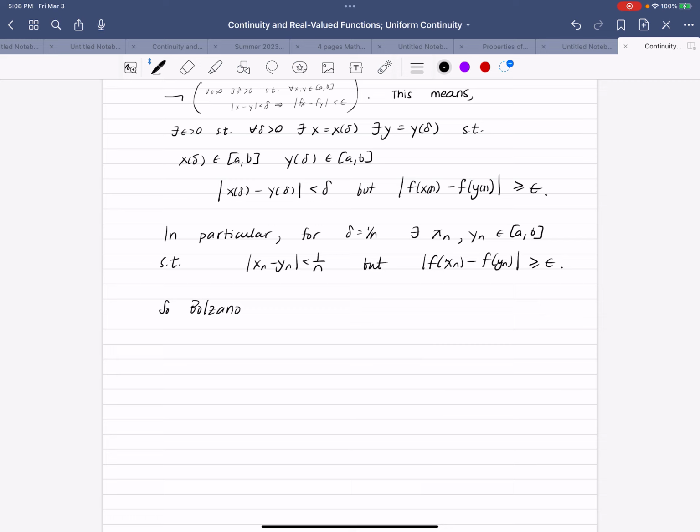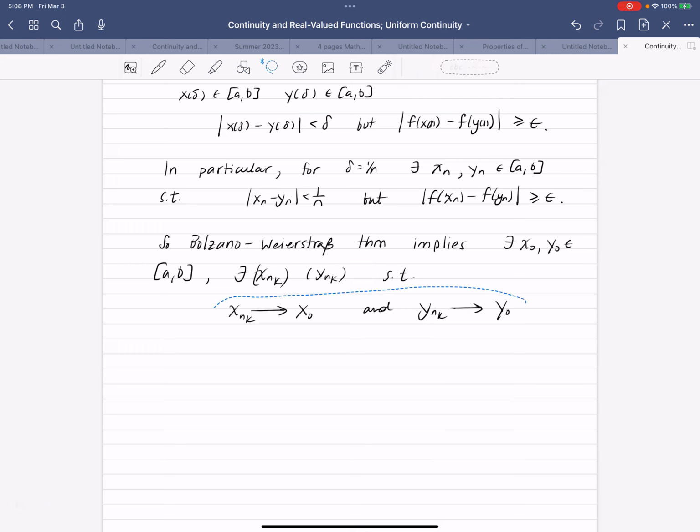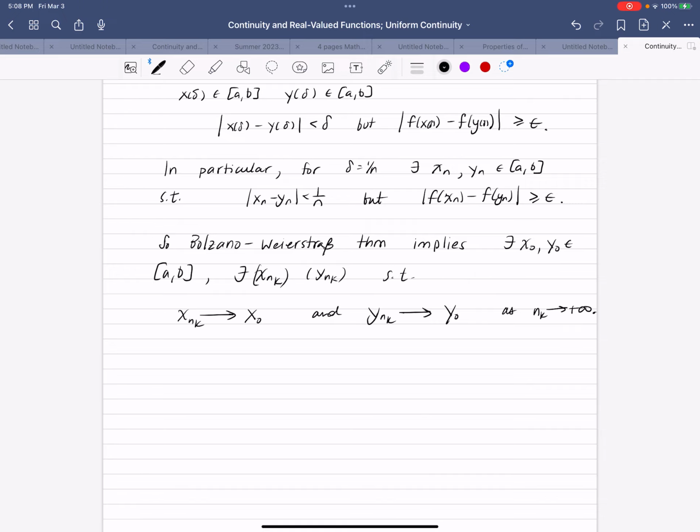So I'm going to invoke Bolzano-Weierstrass to say that there exists x naught and y naught in my closed interval, and there exist subsequences xnk and ynk such that xnk converges to x naught and ynk converges to y naught as n sub k goes to plus infinity. Okay?